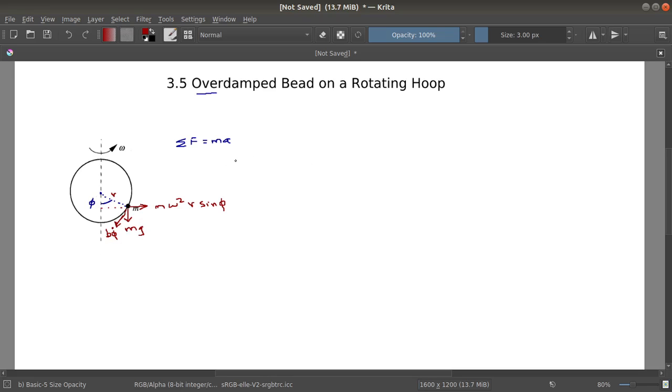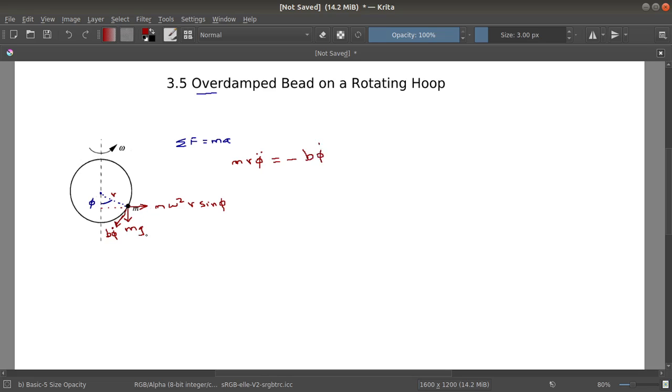Mass into acceleration is m r phi double dot. So m r phi double dot is equal to the forces projected along this direction. The viscous force is in the same line but in the opposite direction, so minus b phi dot.